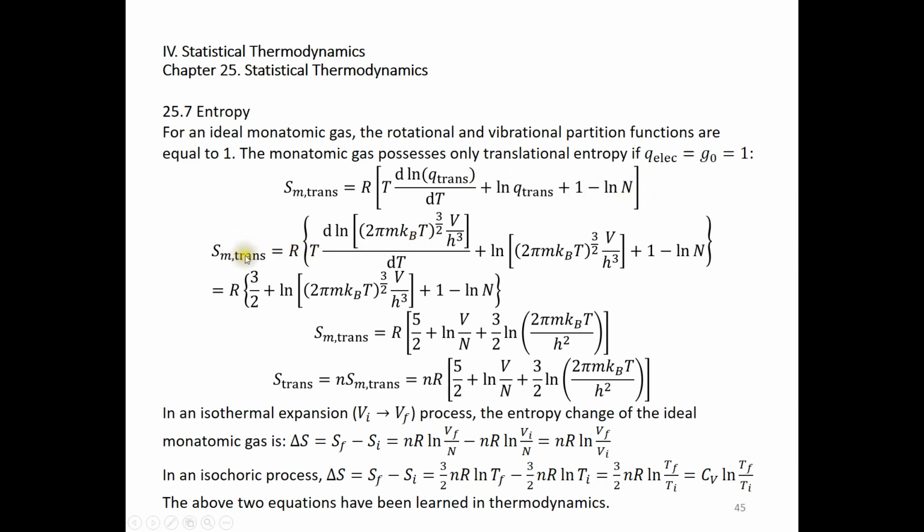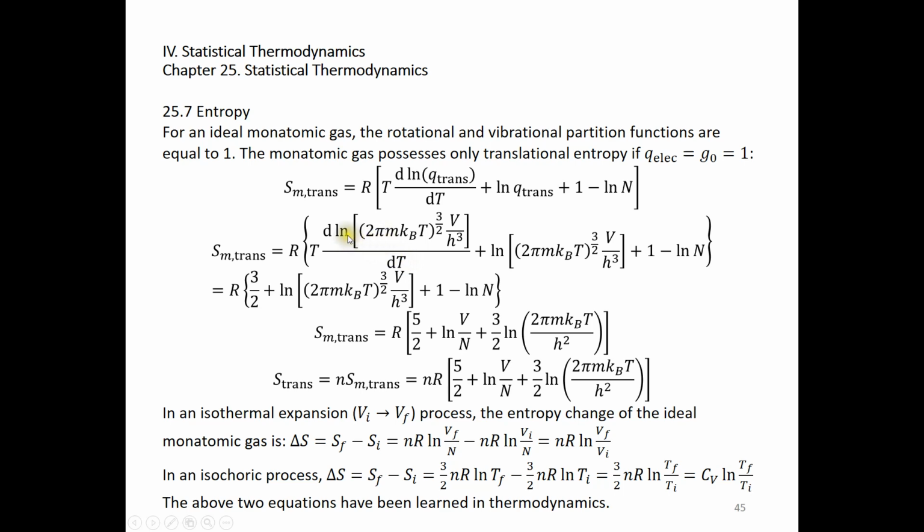The translational molar entropy is therefore this, after we replace the translational partition function with its expression here and here. This part is easy because we're taking the derivative of this function with respect to temperature, and this logarithm can be decomposed into the sum of 2 different logarithms.